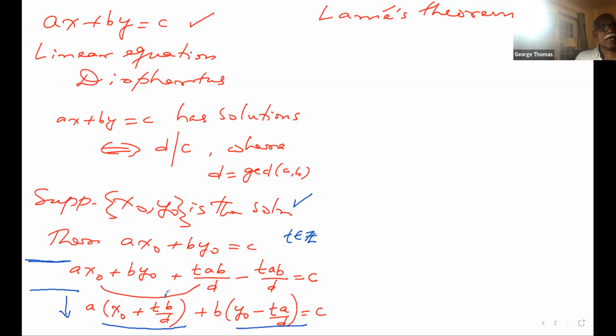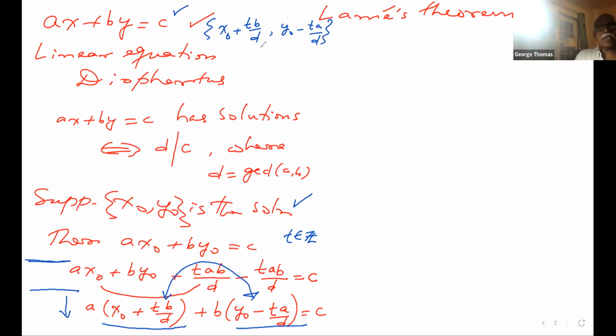Now remember, these are linked. So we can say that x naught plus t b over d, y naught minus t a over d is the solution set for this equation. Beautiful.